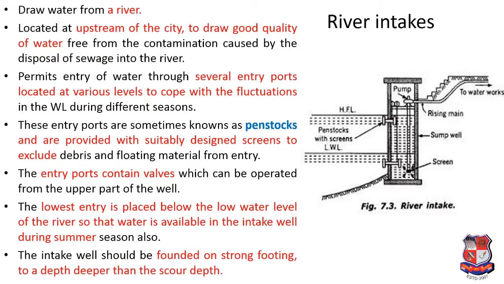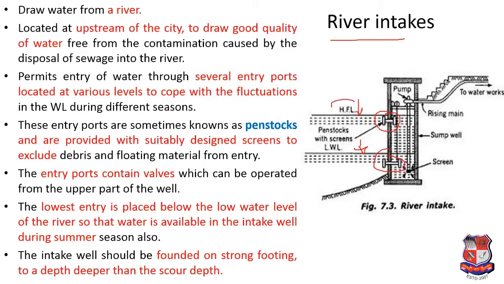Next is river intake. As the name suggests, the source of water is a river, so that's why it is called the river intake structure. Generally the upstream side of the river, where there are the least chances of contamination, is selected for the location. Here the entry ports are provided at different locations, so that in different water level conditions you can operate the appropriate entry port, which is provided with screening just to avoid debris and floating impurities.